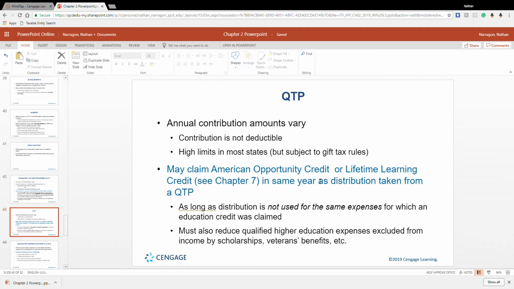The only way that we can have these is as long as the distribution is not used for the same expenses for which an education credit will be claimed, and must also reduce qualified higher education expenses excluded from income from scholarships, veteran benefits, and so forth. So the GI Bill, you have to watch out. So again, this is a little tricky subject, but you just gotta watch out. So read the fine print of any contract for these QTPs, and you'll end up being okay with them.